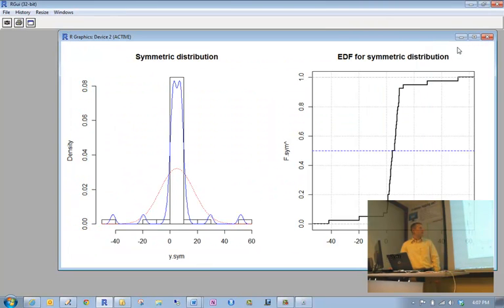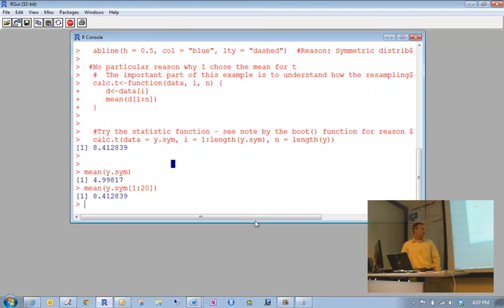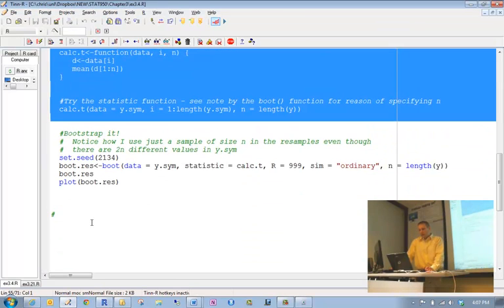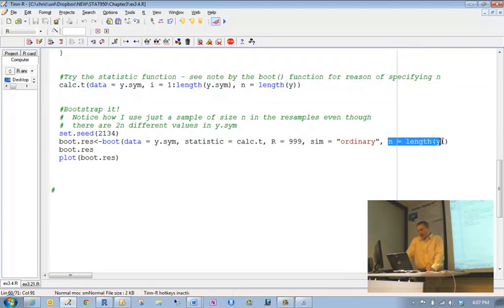Are the first 20 values of y.sim also y, so you can do mean of y? Yeah. So then to do the bootstrap, very simply, how we normally would do it, I just pass in an additional argument into cap.t.